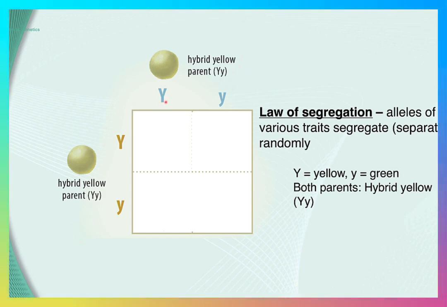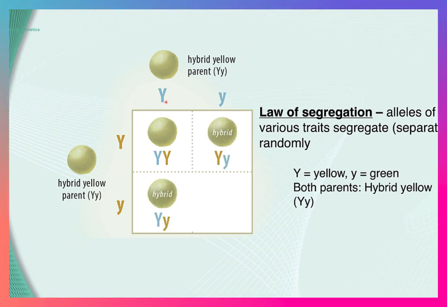So even though you'll start out with two parents, both of which have yellow seeds, you're going to end up with one offspring that has the green seeds. So you have a dominant yellow, a hybrid yellow, another hybrid yellow, and then you have one green recessive.